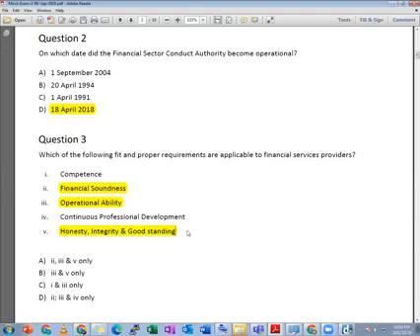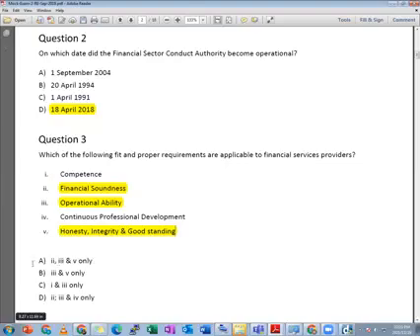So when you have already selected those that you know and you're sure about, we know that competency doesn't apply, as well as continuous professional development. So you can eliminate those that have 1 and 4, right? Those that have 1 and 4. So 2 is there, 3 is there, and 4 is there.